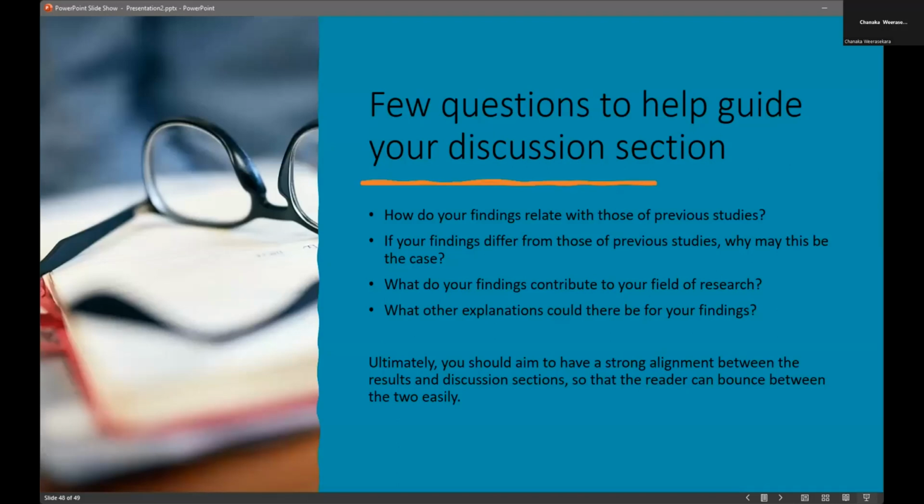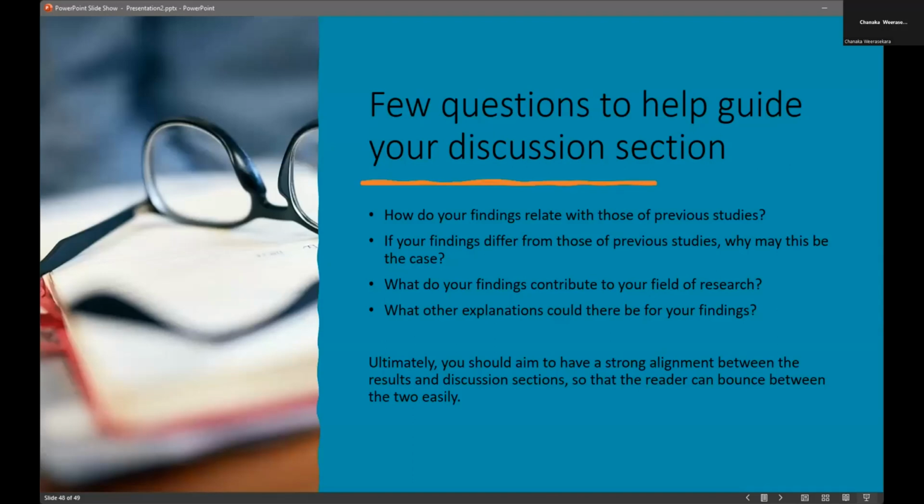Then second question, if your findings differ from those previous studies, why may this be the case? What are the reasons? Is it connected to the specific context that we are conducting research in, or is it the culture? Is it something else, so that you can explain upon it?